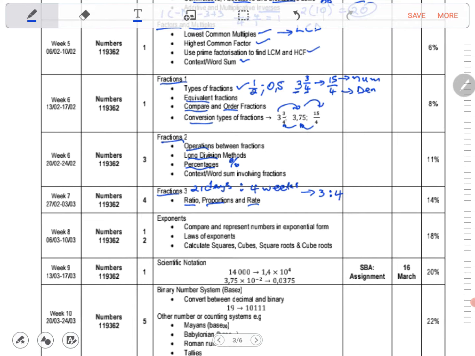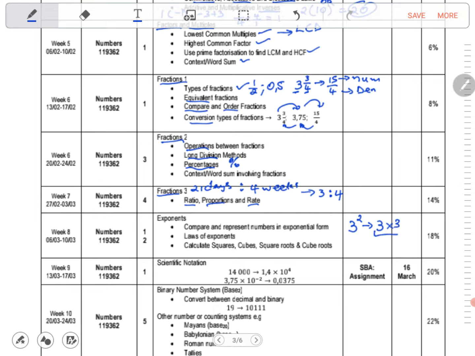Next, we're looking at exponents. In exponents, we compare and represent numbers in exponential form. So an exponential form would be if we have a situation where we have 3 to the power 2. So we know that this actually represents 3 times 3.